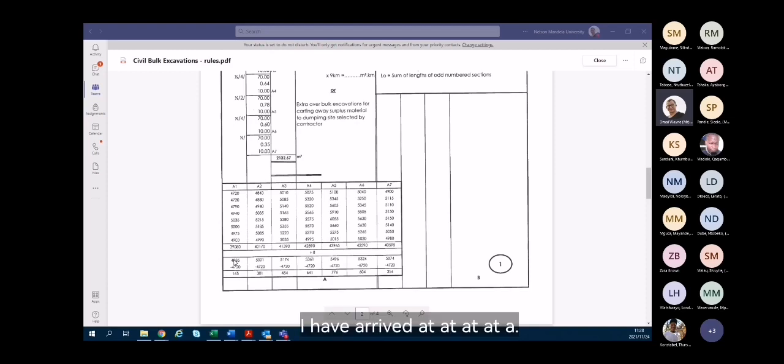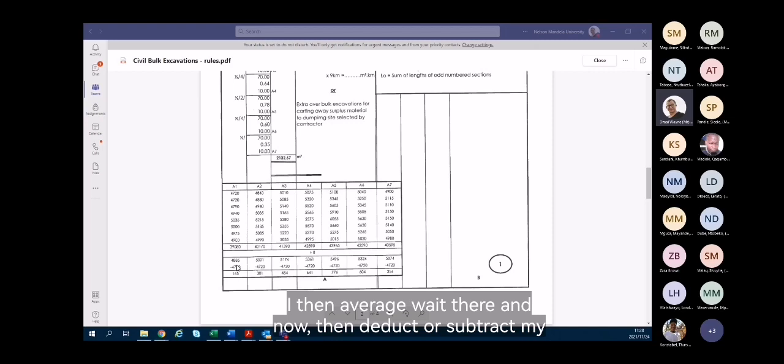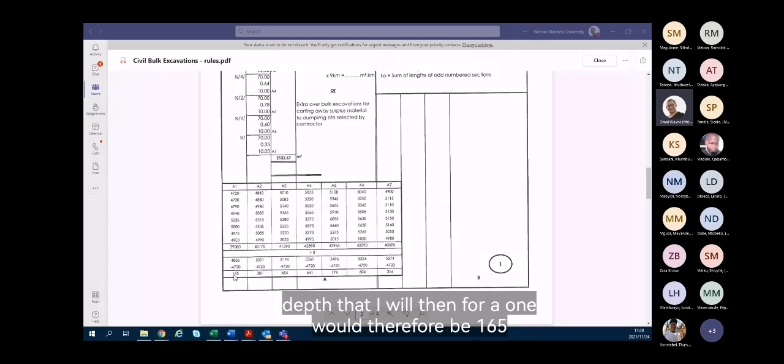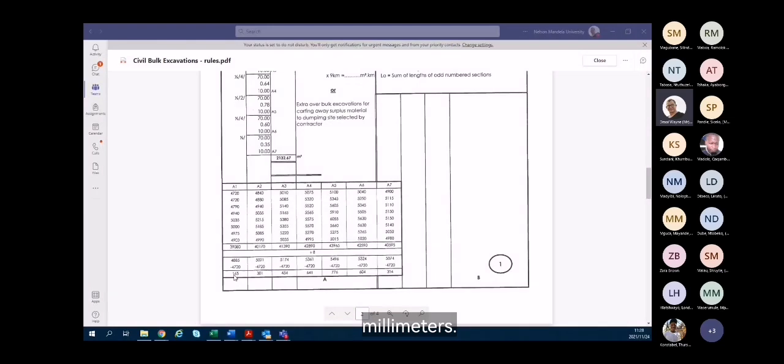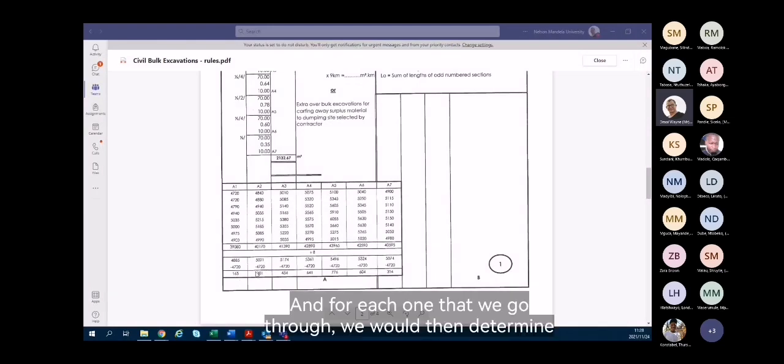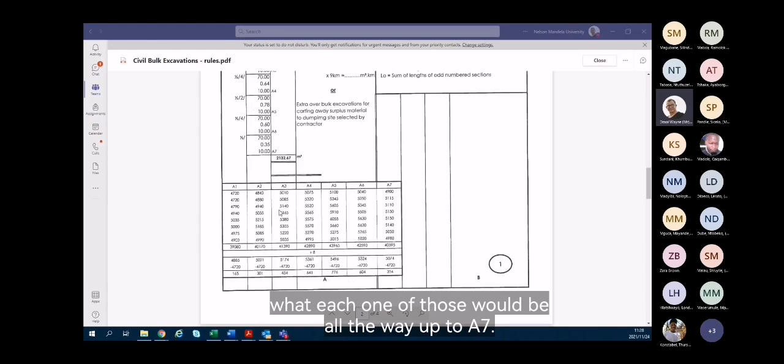I've arrived at an average weight there, and I'll then subtract my reduced level of 4720, which will give me an average depth, for A1, of 165 millimeters. And for each one that we go through, we would then determine what each one would be all the way up to A7.